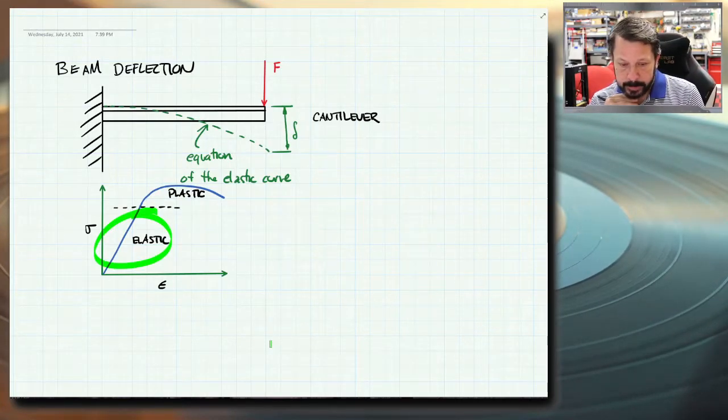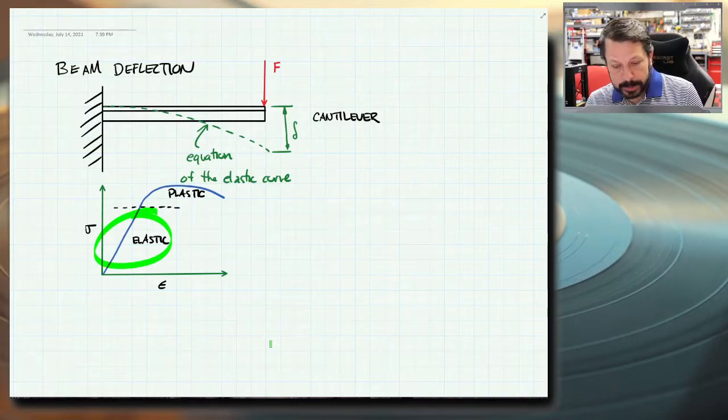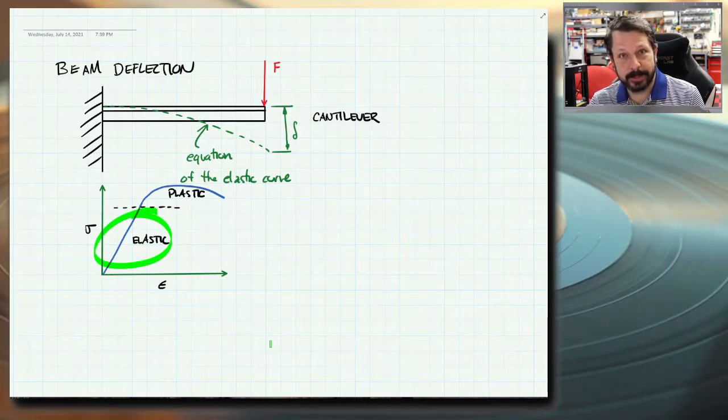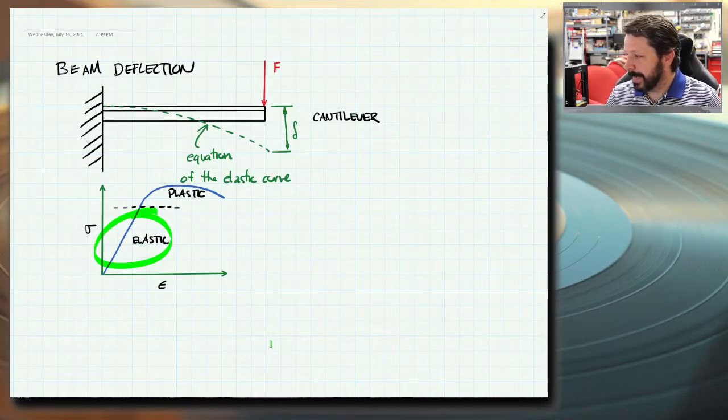All right. So the equation of the elastic curve, that's a thing that we would be very interested in. And so that's what we're going to look at. How do you develop this equation of the elastic curve? So we're going to do that today. We're going to basically develop an equation of the elastic curve.